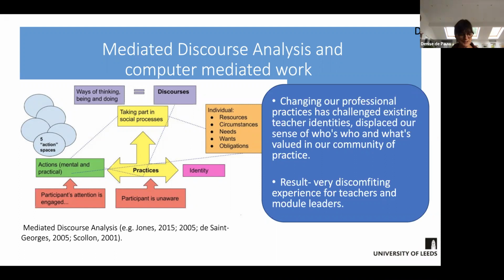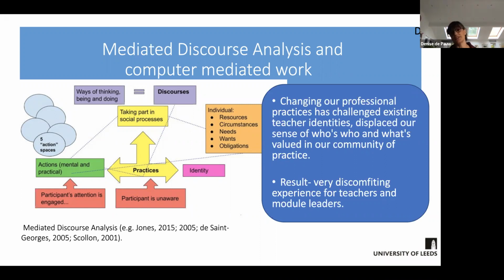But if you can't perform that practice, you're mentally engaged in what am I doing? How am I supposed to do it? Your attention's very, very focused at that level. Then that's where you feel challenged about who you are as a teacher.